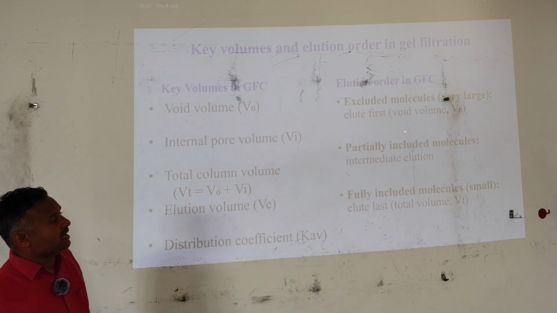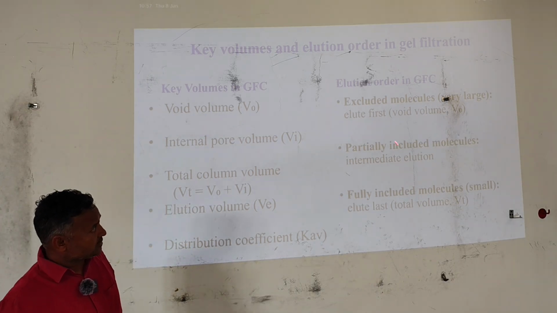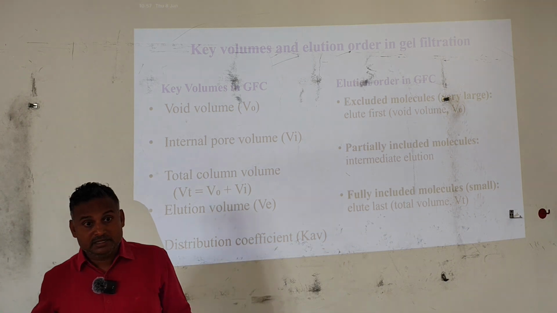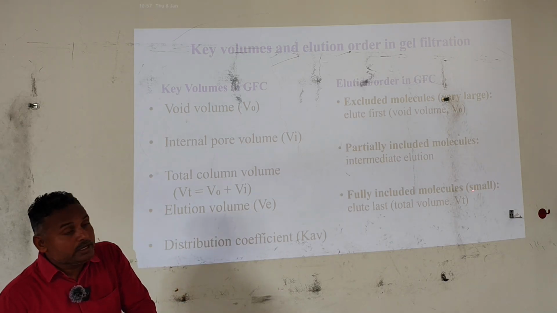Elution order in GFC, I already told you about this. Excluded molecules are very large and elute first, that is the void volume V0. Partially included molecules elute at an intermediate volume. Fully included molecules come last.